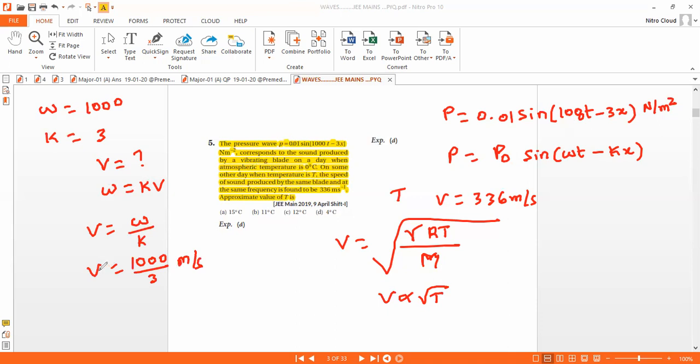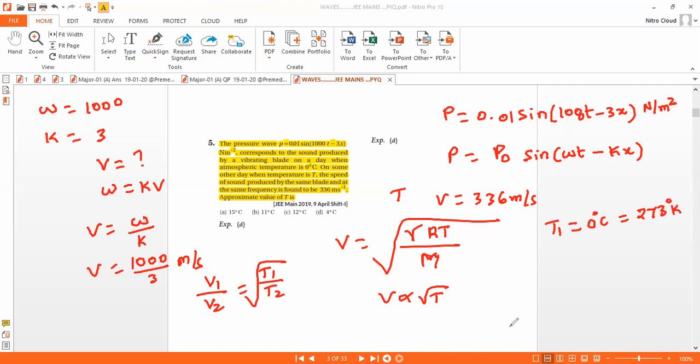From this relation, V1 by V2 equals under root T1 by T2. First, when temperature T1 equals 0 degree Celsius, that is 273 Kelvin.